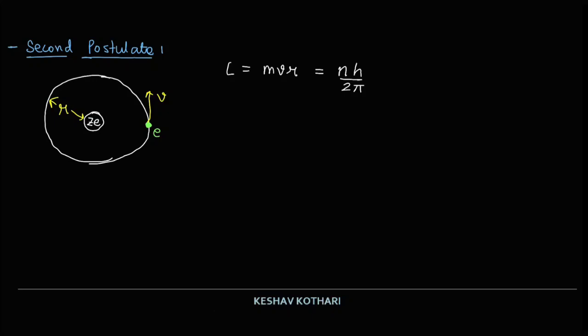This statement is coming from the second postulate. Now this h upon 2 pi is sometimes written as h bar. You may find this in some textbooks, so kindly do not get confused. They write the h bar in place of h upon 2 pi.